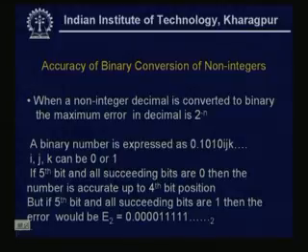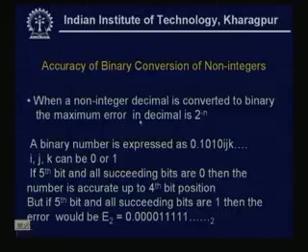Then obviously there will be some errors, because if we increase the number of bits, then we will be nearer and nearer to the actual value. So, we define this as an error.